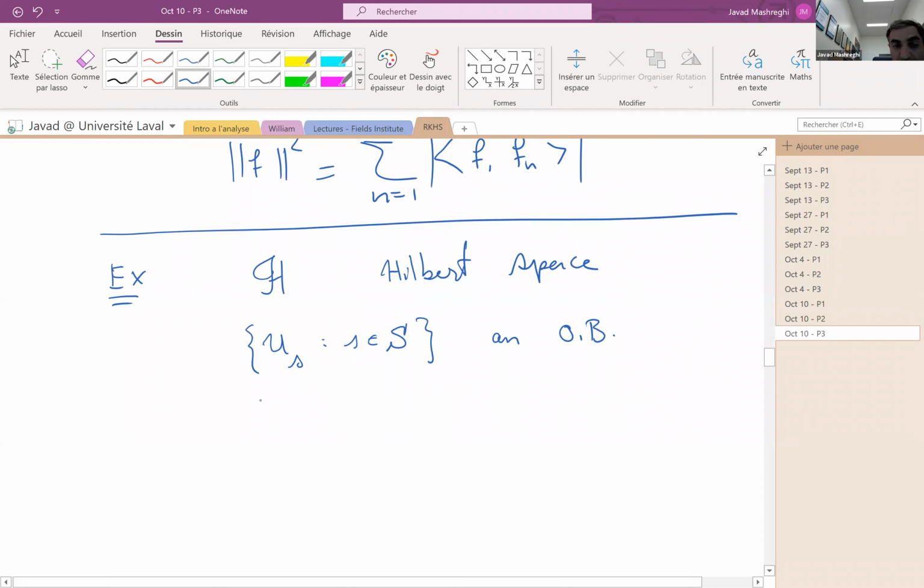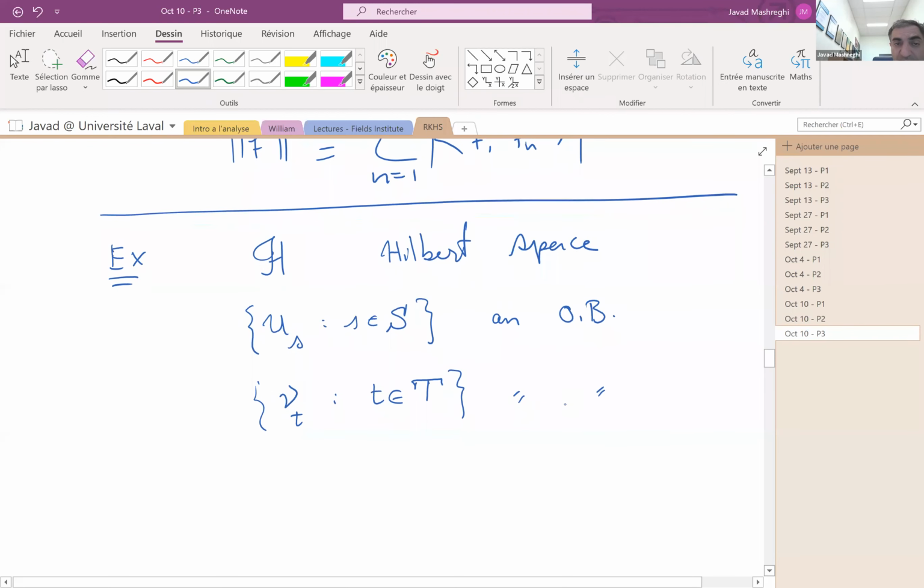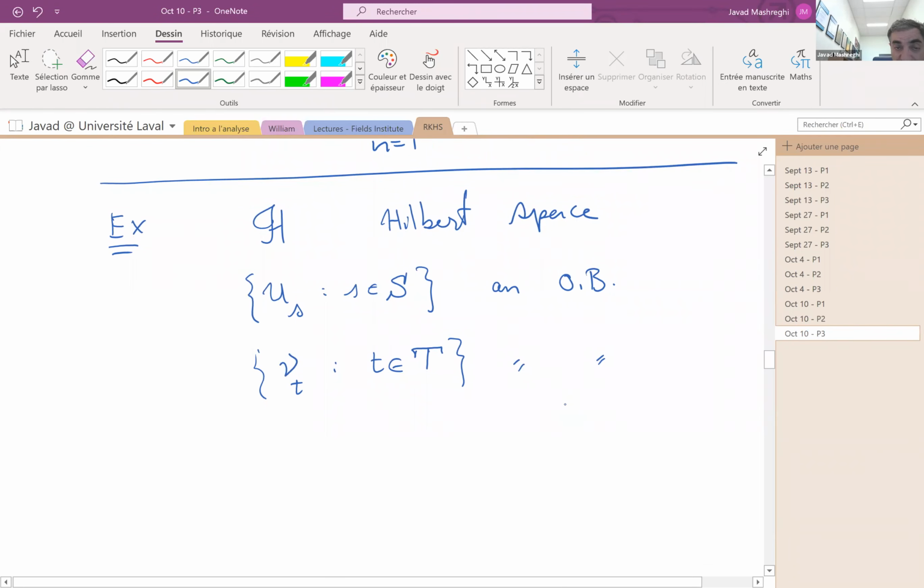Another one we represent by V_t, with another index t. Again, an orthonormal basis.